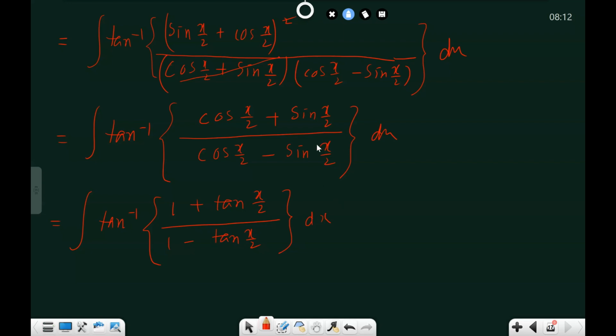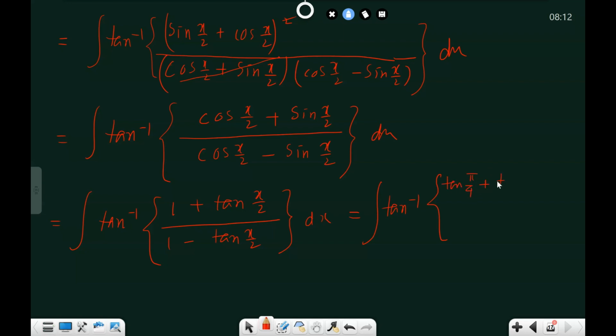And after this, you see I'm writing here, this is equal to, you write here below. So this is equal to integration of tan inverse. So what to be written here in place of 1? Is it not tan pi by 4? Yes.